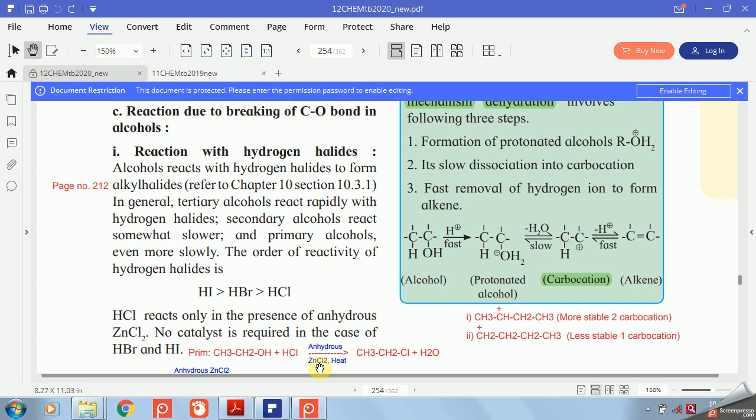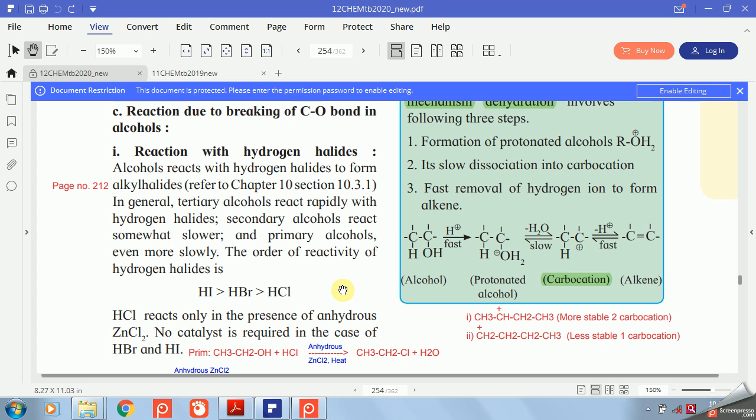Secondary is less stable, and the reason is the inductive effect and hyperconjugation. More alkyl groups are present in tertiary alcohol: 3 alkyl groups. In secondary alcohol there are 2 alkyl groups, and in primary there is only one, or in case of methyl alcohol there is no alkyl group attached to the carbon having the OH group.